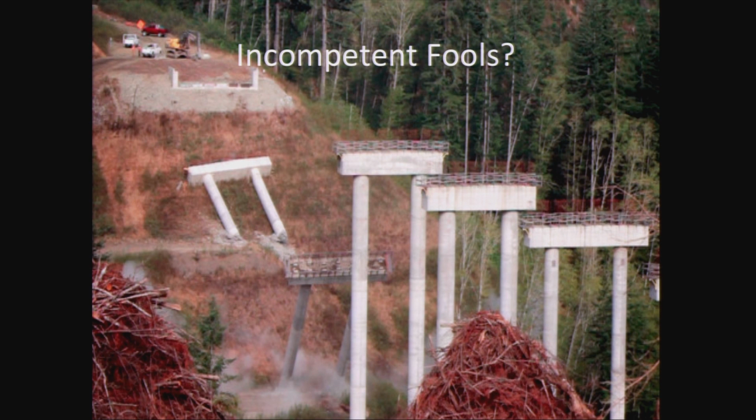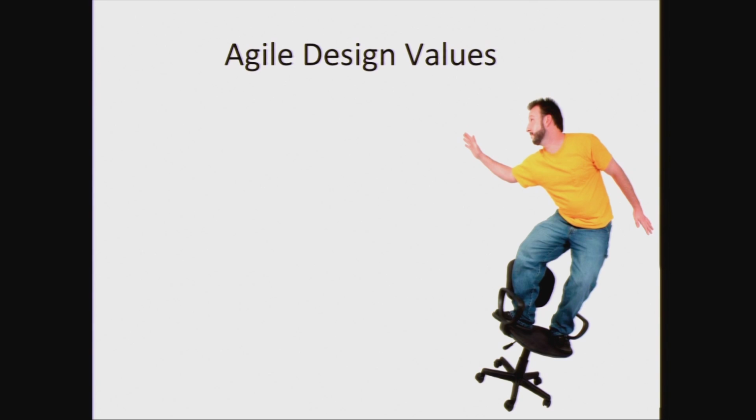You might say, what were those incompetent fools trying to do? Build something over unstable ground in the Pacific Northwest in the Coast Range where it rains a lot, and they should have known this. So architects, whether they're building architects or software architects, sometimes get a bad rap.